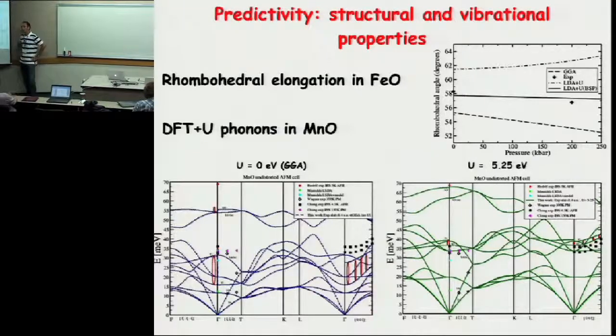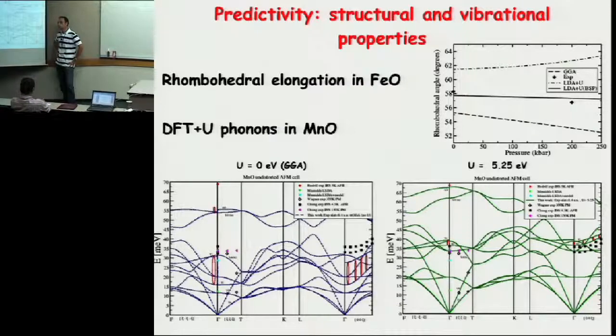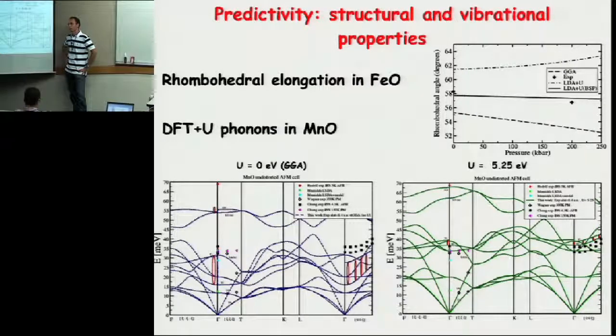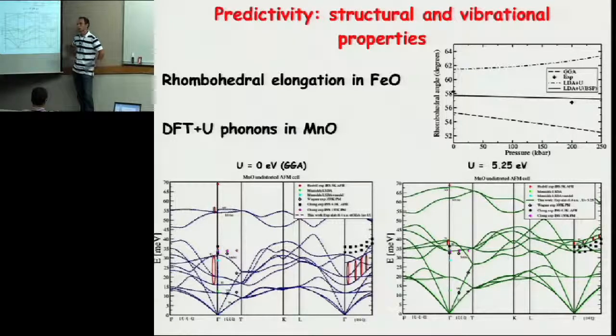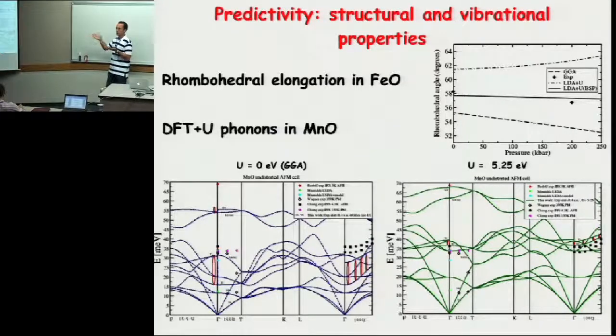Is the U parameter the same as the U parameter that you optimize the structure for in the ground state structure calculation? Do you adjust the U to get the best fit with the experiment? No, there's no fit. I obtain it from linear response. I take the unit cell where I want to compute phonons, do a linear response calculation, get the U, and then compute the phonons with that.